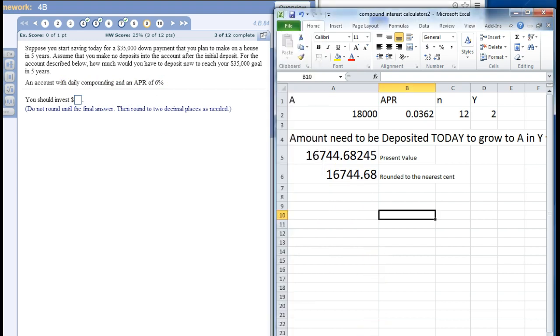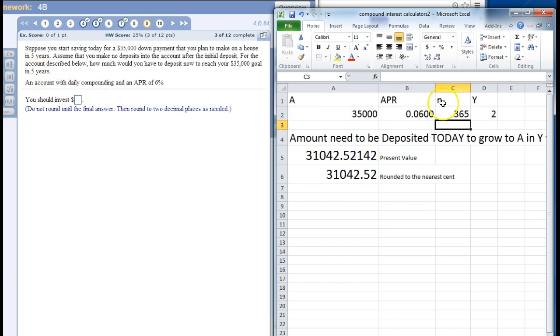That's the job of the present value calculator, if you look at your calculators. So the way this works is you put in the amount that you want it to grow to, 35,000. Put in your percentage rate, so that's 6%. How many times it's going to be compounded in a year, which is daily, so that's 365.